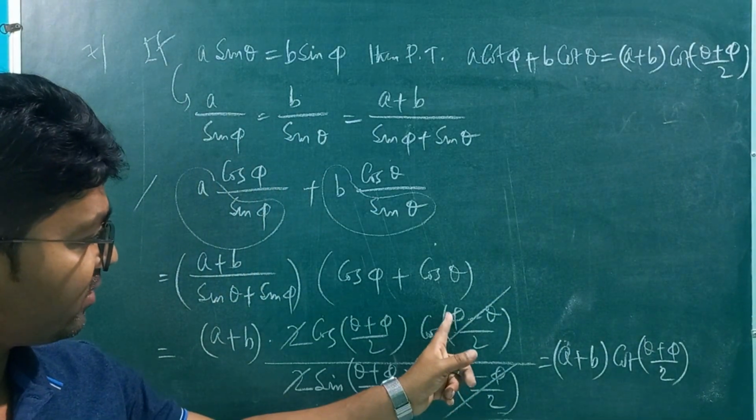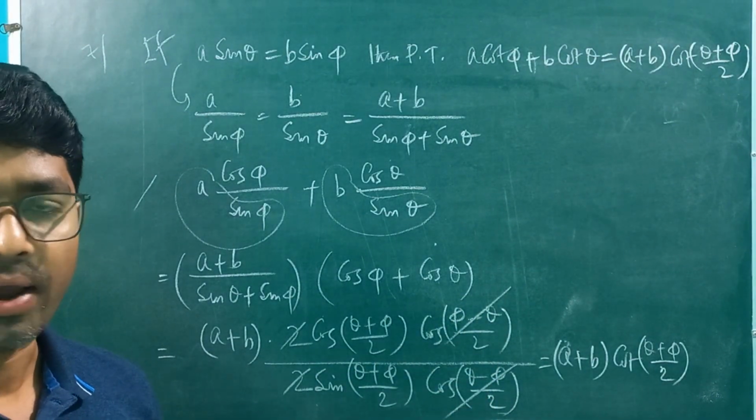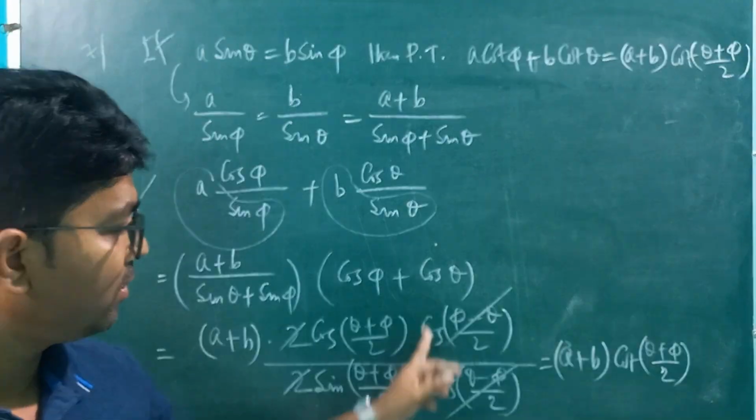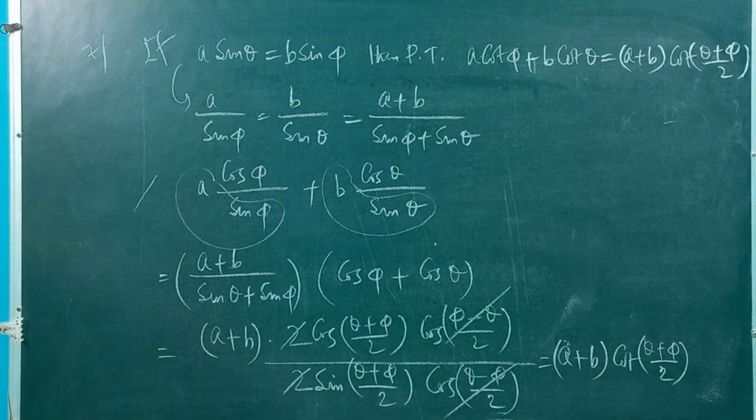If you take the minus sign from this angle, it becomes equal to this angle, and the minus sign is easily abolished inside the cos, because cos of minus theta equals cos theta. So easily you have got the required result.